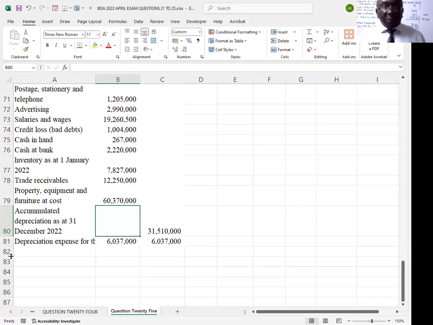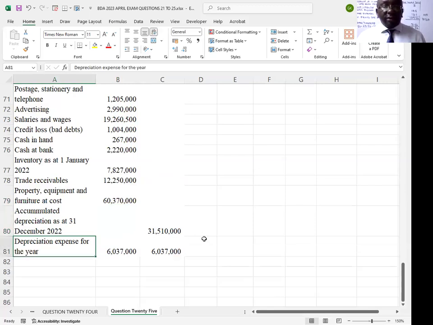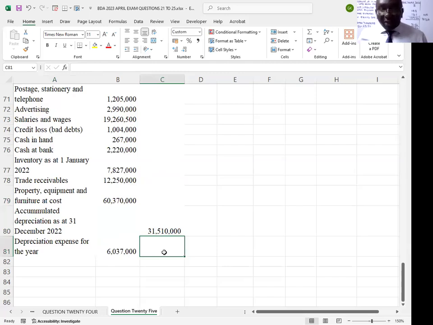And depreciation expense for the year, that's an expense that should be debited. So that is how you prove that you know one of the basic things in financial accounting, preparation of a trial balance.